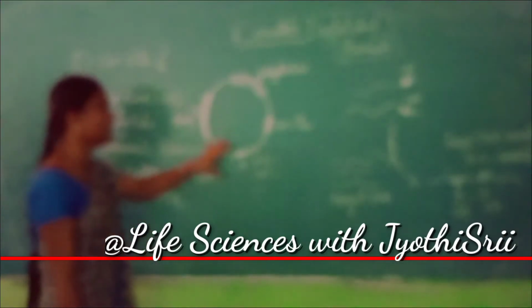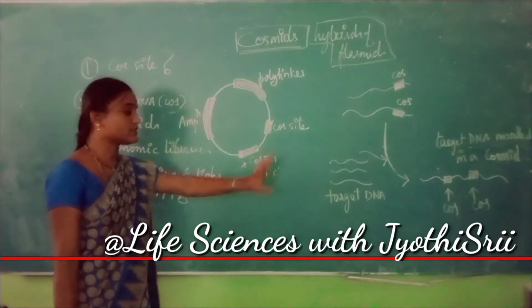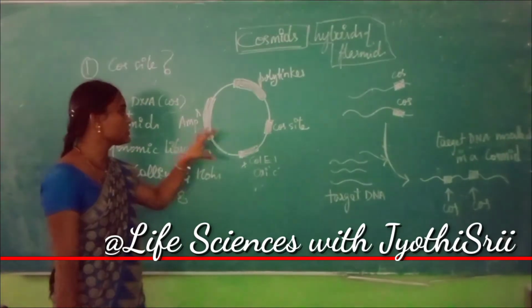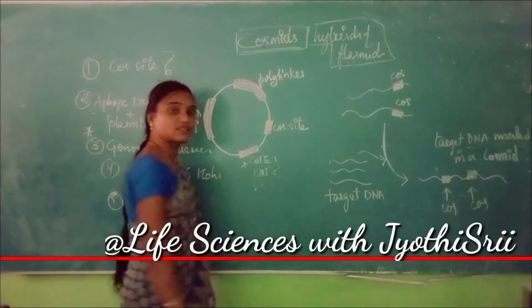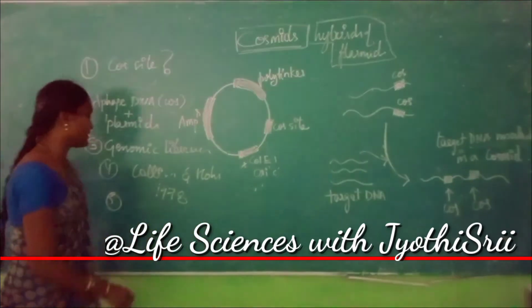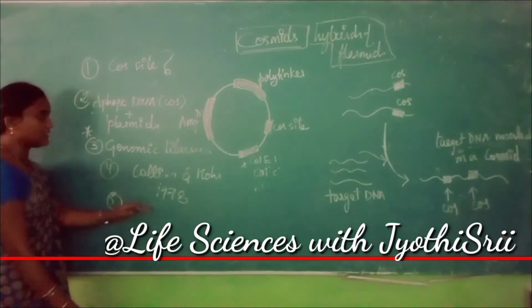Here you have a cos site with the origin of replication and one marker. More than two cos sites may be present in your cosmid vector.